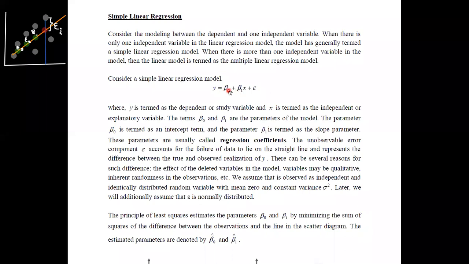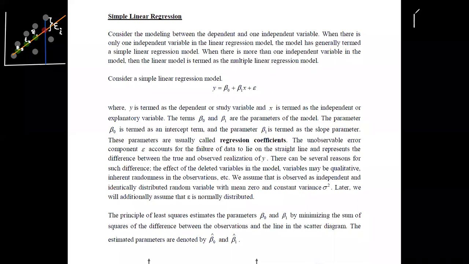These may be the predicted or estimated values of beta naught and beta 1. The estimated value for beta naught may be beta naught hat. It is because we are going to obtain the values using the existing data.